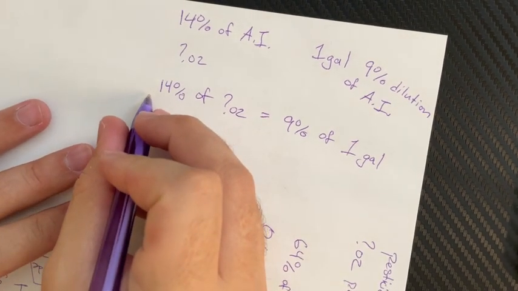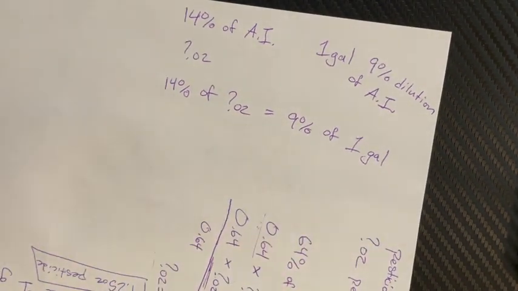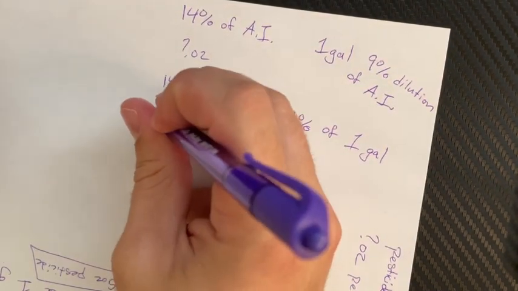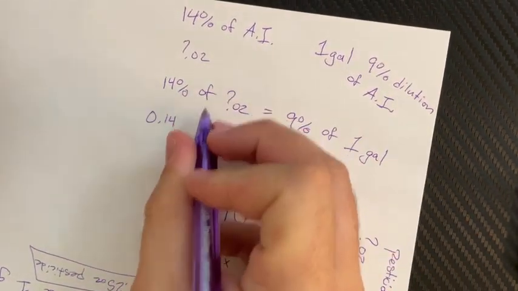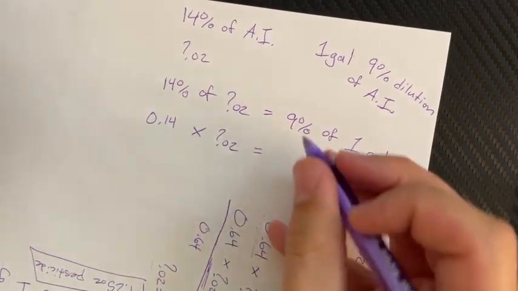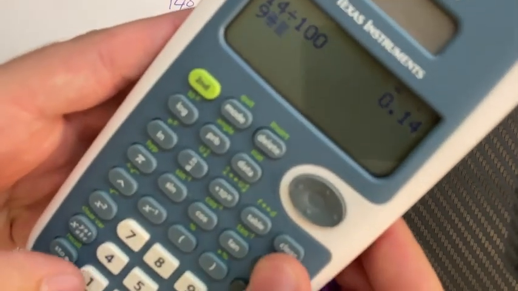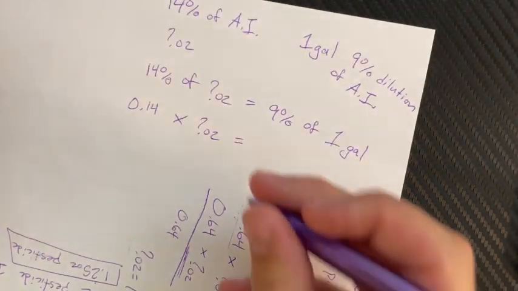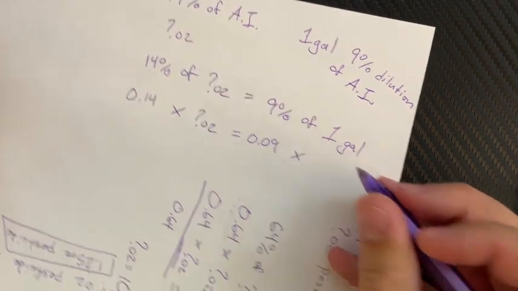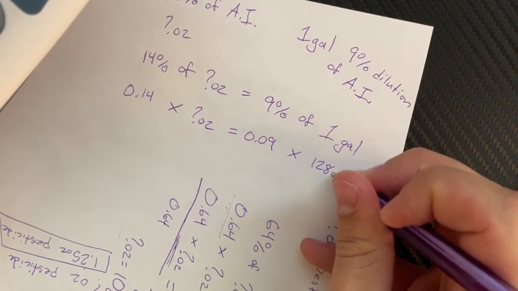So we're gonna divide by 100. 14 divided by 100, 0.14. 0.14 of means times how many ounces equals, there's a percent, 9 divided by 100, 0.09. Of means times. 1 gallon is 128 ounces.